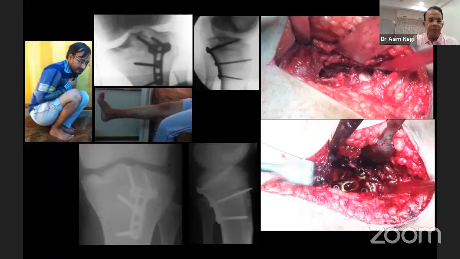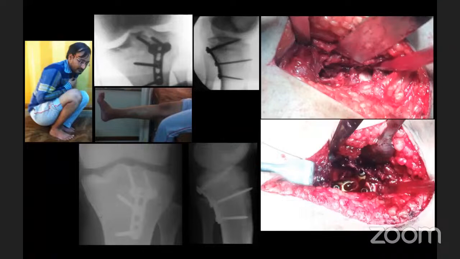I will do it like that only, because there is no question of the anterior part at all here. Yes, sir, I agree. But sir, you will be able to make the reduction properly and fix it without fibular osteotomy. I have never done it, sir. Right. Carry on. Okay, sir.